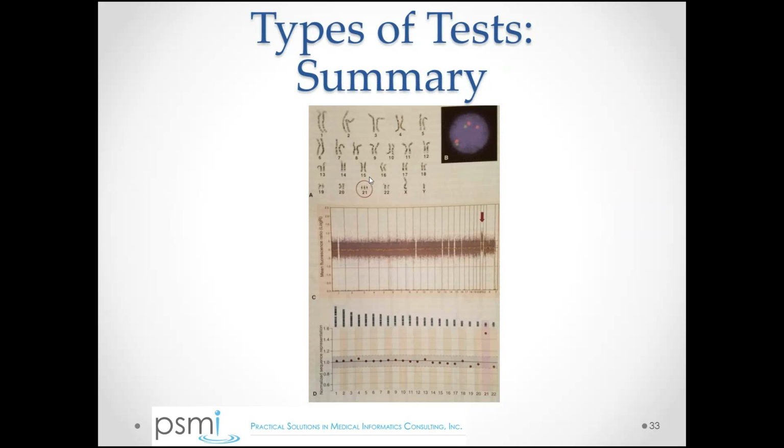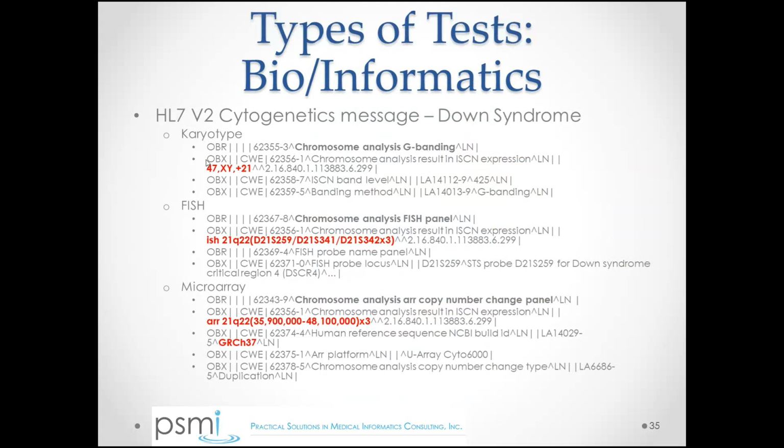how the karyotype, the FISH results, and the comparative genome hybridization array might look when they're communicated in an HL7 message. The karyotype might look like 47,XY,+21. And one of the things to note here is we're now using a different syntax. We've talked about using HGVS syntax to communicate simple variants. But when it comes to cytogenetics, labs report cytogenetic results using a different syntax called ISCN.